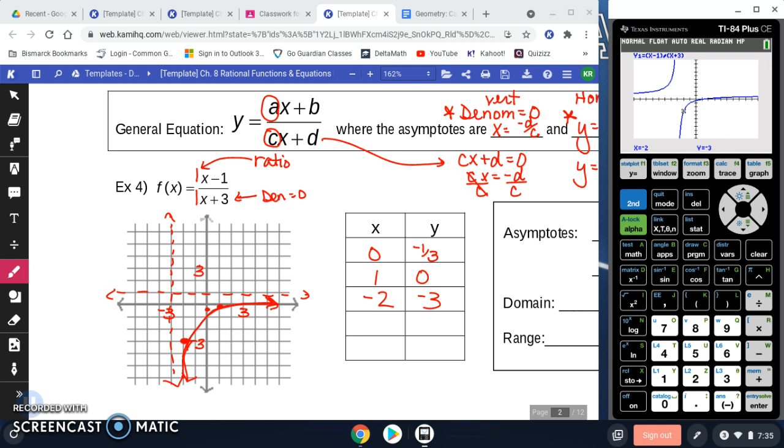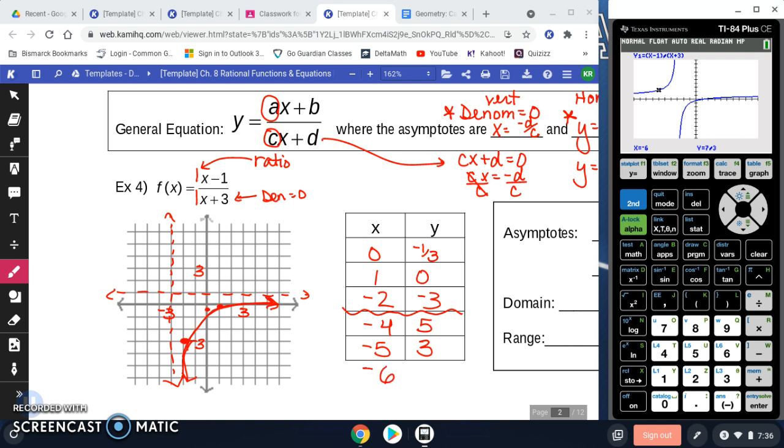Okay, so let's go. I want to jump over to this other portion, so I'm going to choose a negative 4 because I know that's to the left of my vertical asymptote. So negative 4, 5 is one of those points. Let's see what a negative 5 is. Negative 5 is 3. Let's try negative 6.